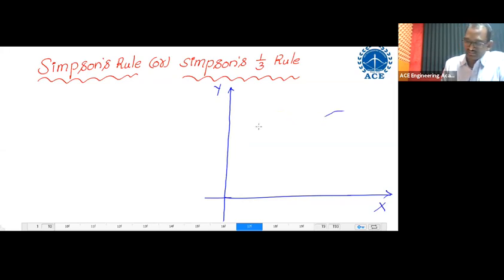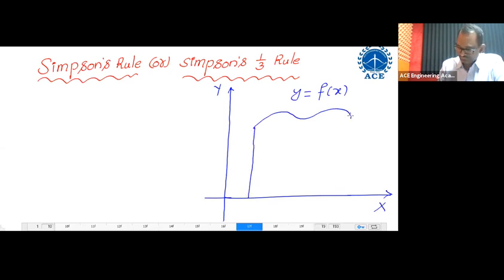Roughly, let us draw a curve. The equation of this curve is y equals f of x, a continuous function defined in the closed interval AB.